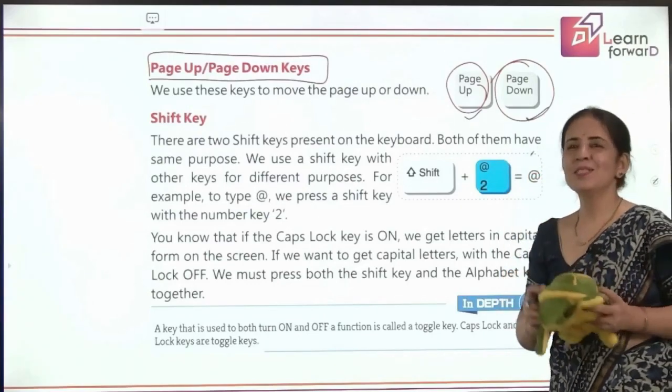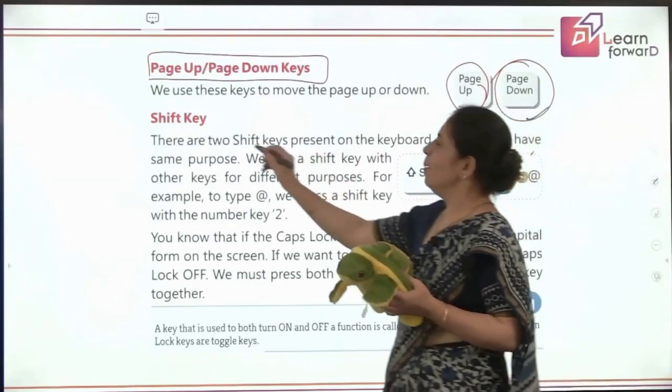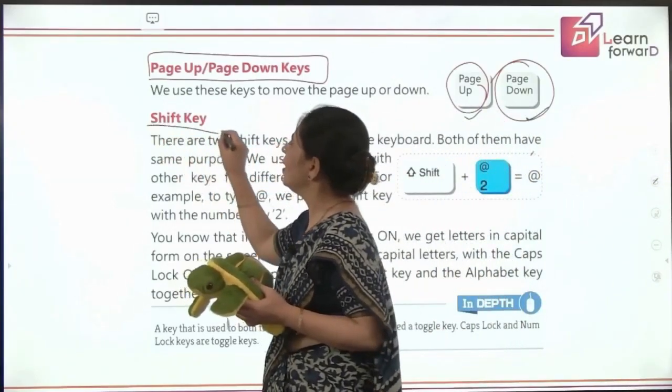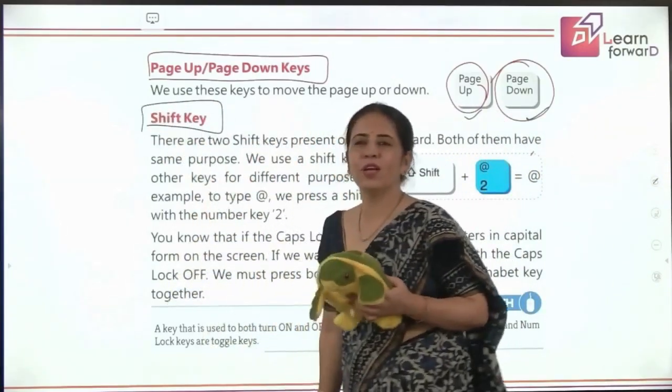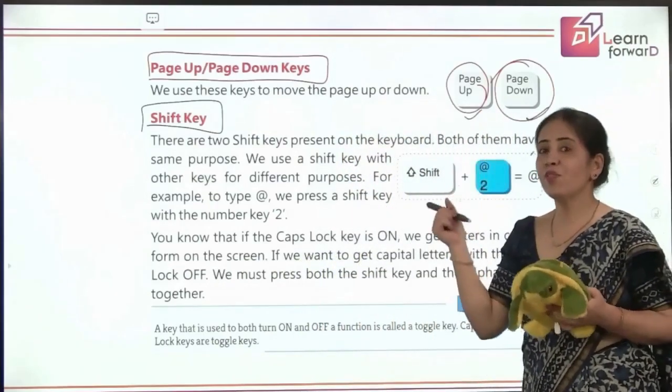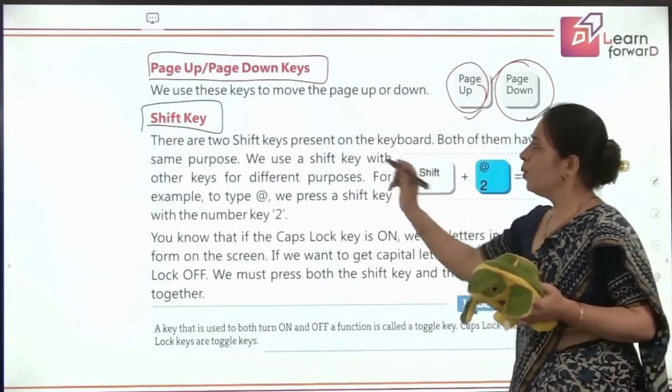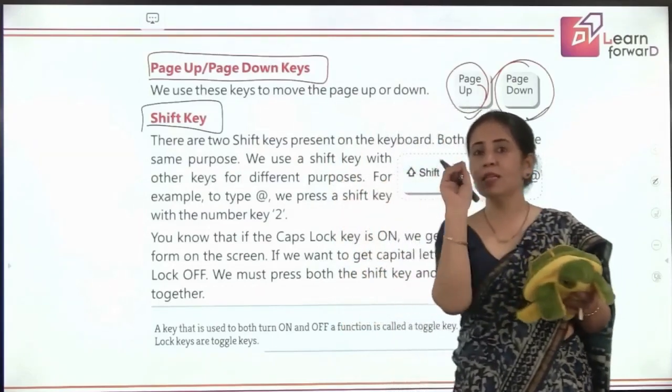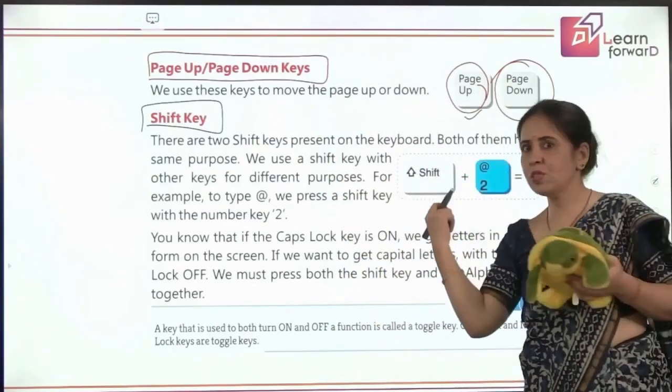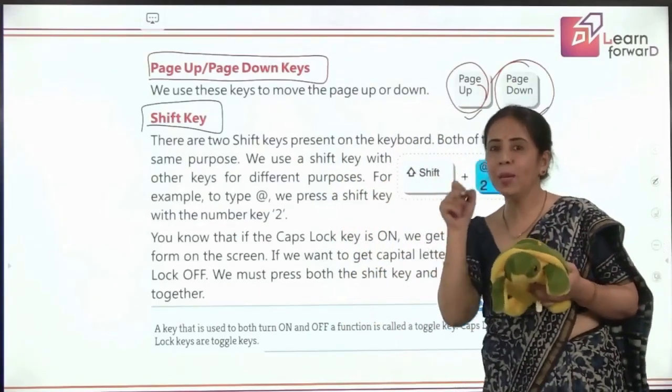Great. So we move further because we are coming to a very important key of the keyboard, that's shift key. You remember I've shown you certain special alphabets few screens back, which were yellow in color.